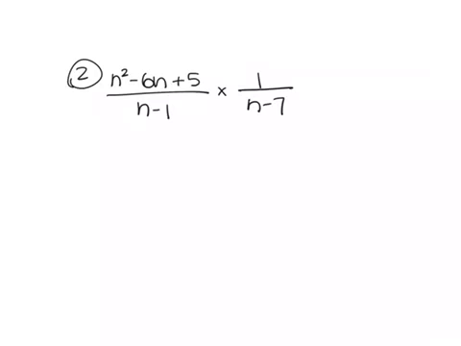It has 3 terms, and those 3 terms do not have anything in common. So we are not going to be able to just factor out a common factor, but we are going to be able to factor that.